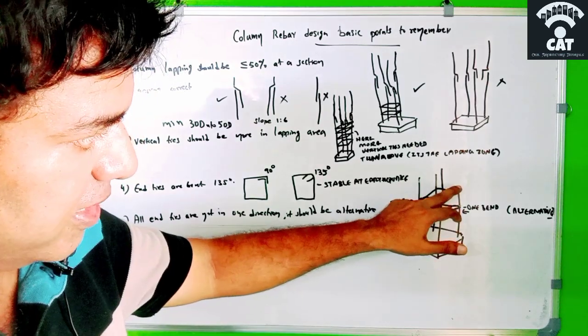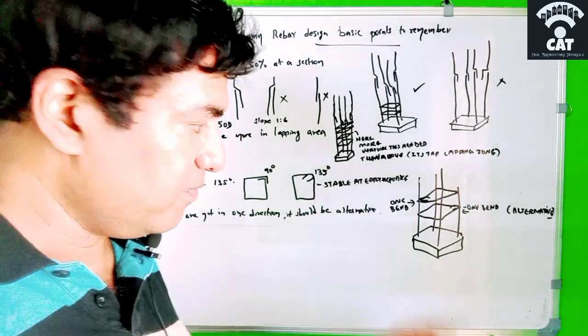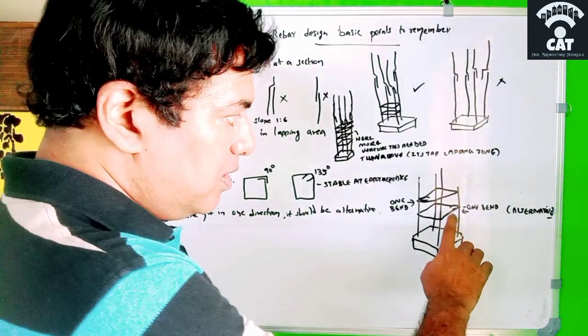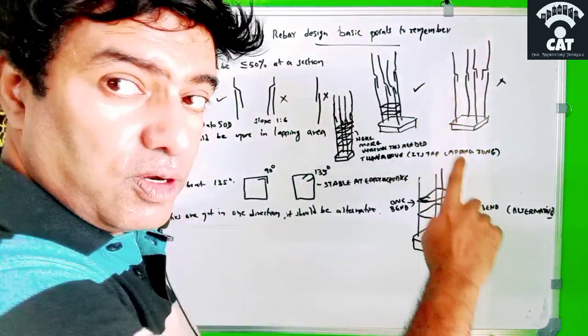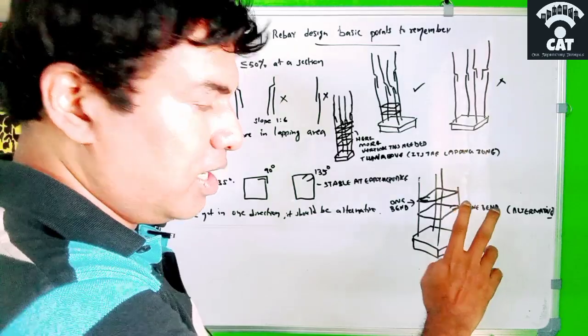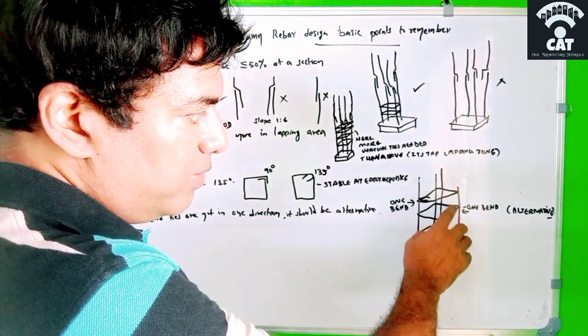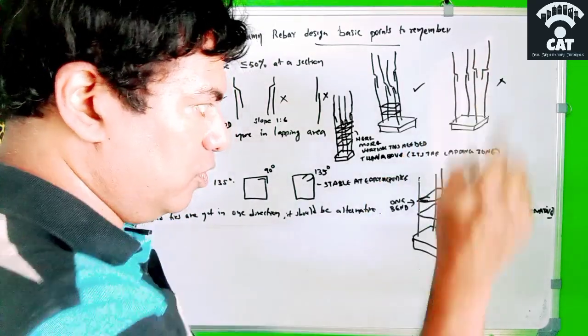It should not be on the same line. Sometimes when there is no supervision, the workers will provide the same bends here, like that. They do it for their convenience, but we should not allow it. We should intervene, and it should be alternating. The vertical ties should be in alternating directions. One here, one here, one here, one here, like that it should go.